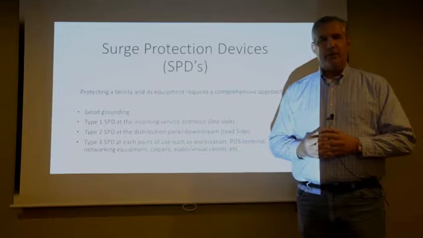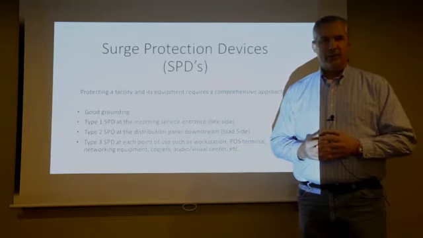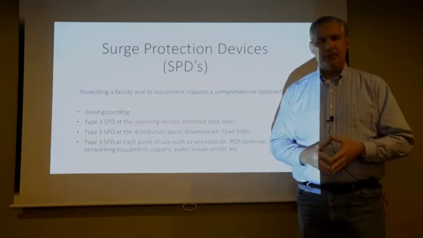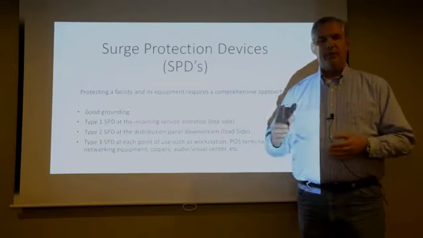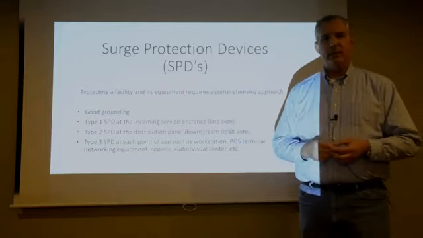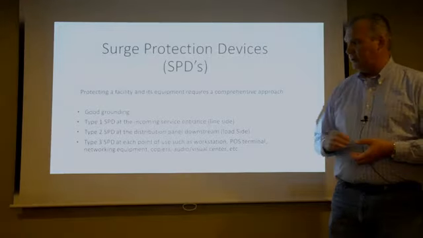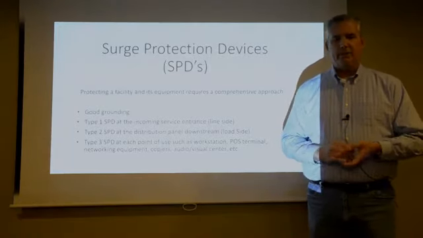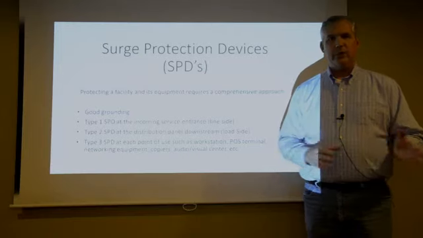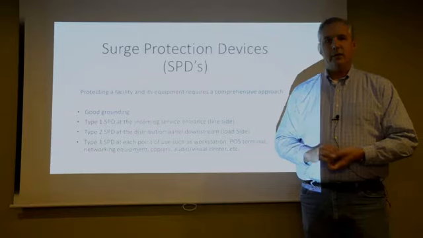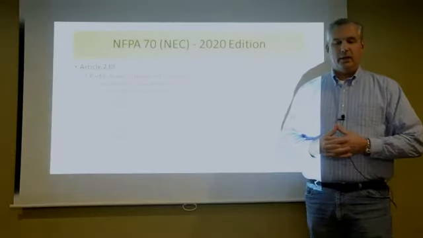Then, as laid out in UL 1449, there are type 1, type 2, and type 3 surge protectors. Type 1 is at the service entrance on the line side or the line coming into a facility. Type 2 is at the load side of a circuit breaker panel, and type 3 are at your individual workstations or entertainment centers or point of sale or point of use areas.